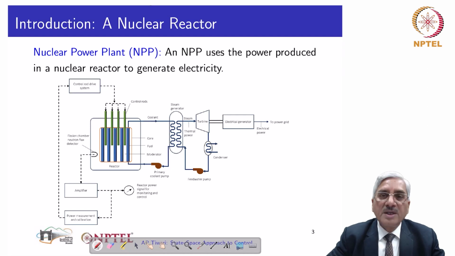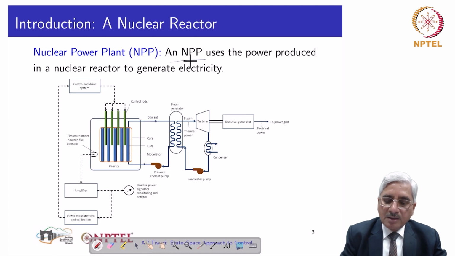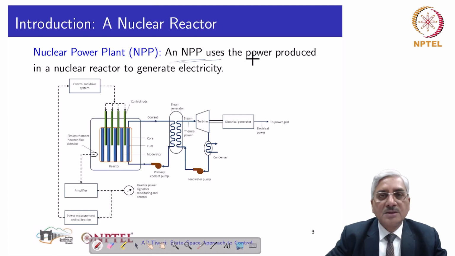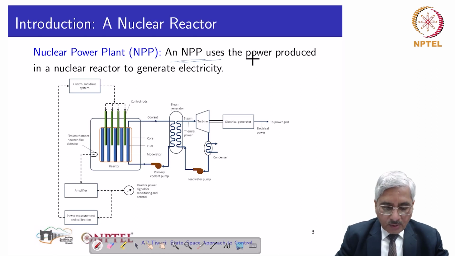This is a schematic of a nuclear power plant. Basically, a nuclear power plant is the one which produces power based upon nuclear energy, the fission energy generated in the core of the nuclear reactor. So this shows the reactor.